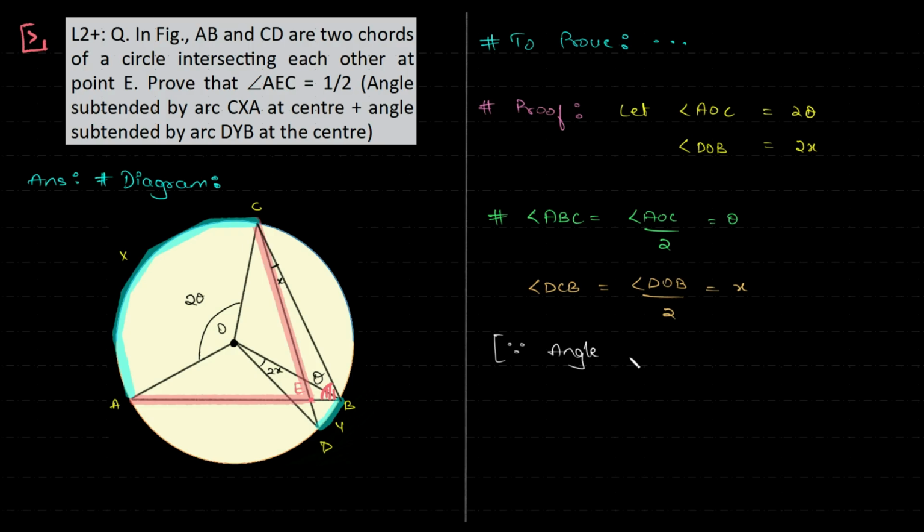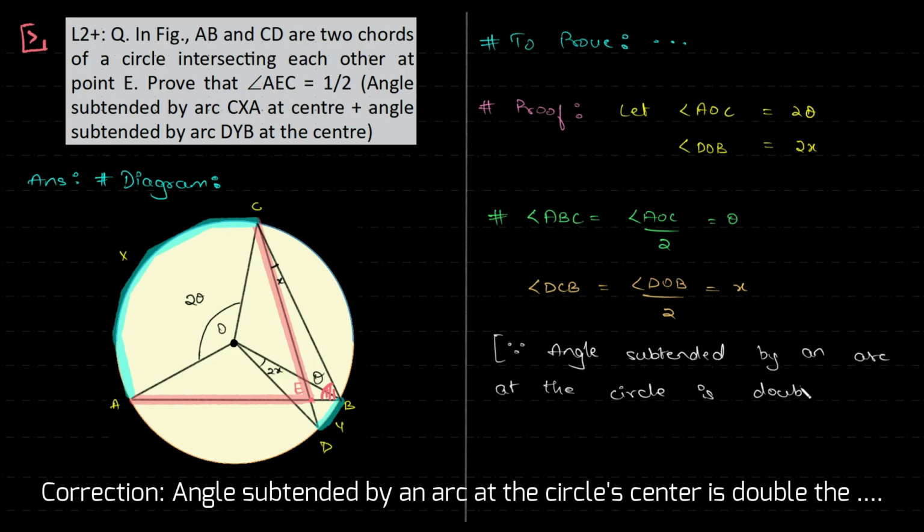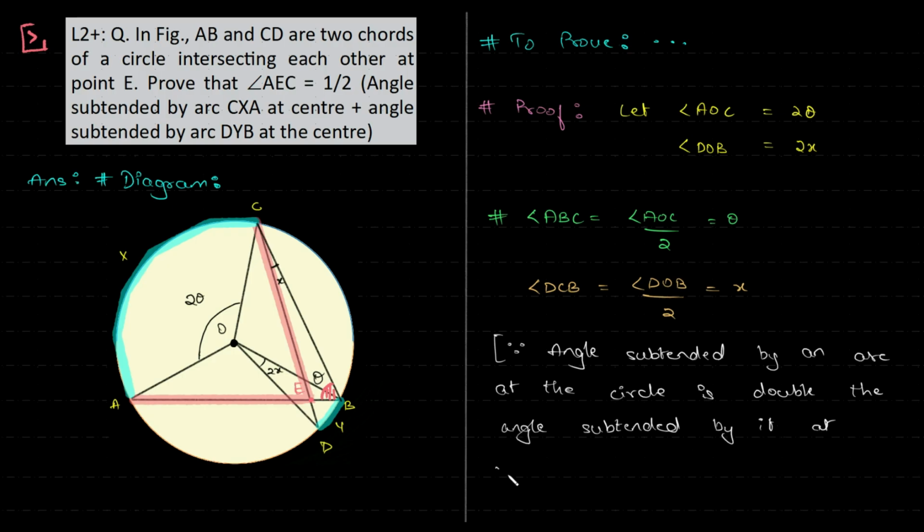Angle subtended by an arc at the center is double the angle subtended by it at the remaining part of the circle.